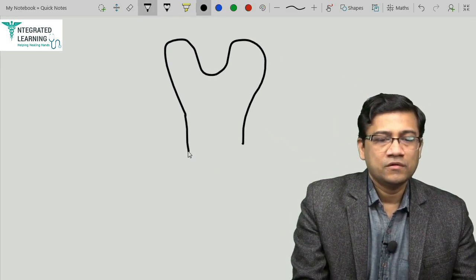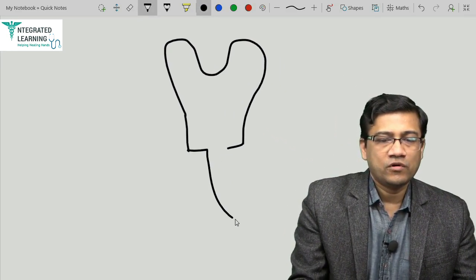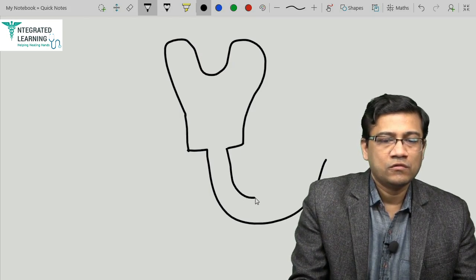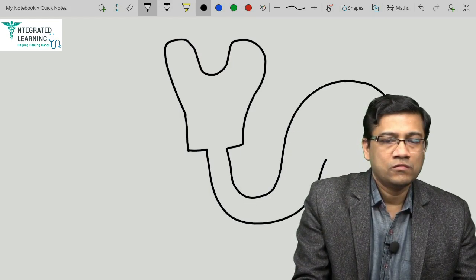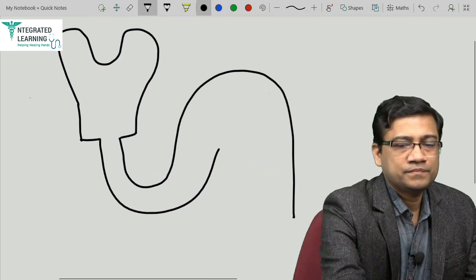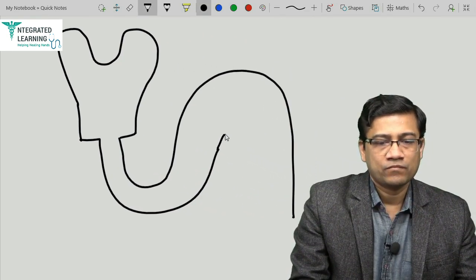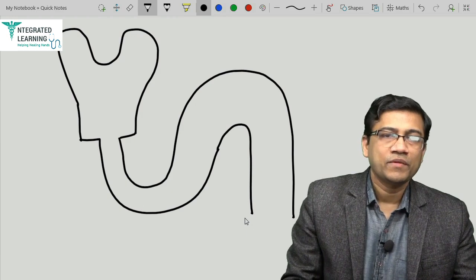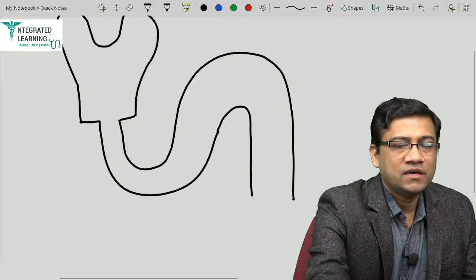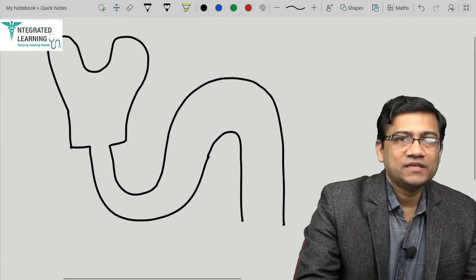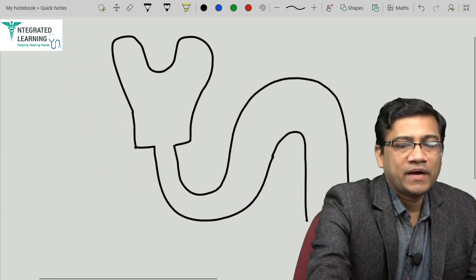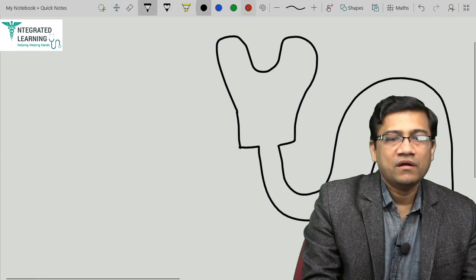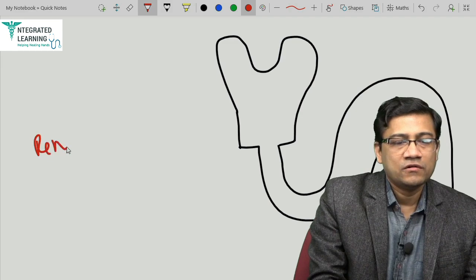This is the nephron. So again we will see the organization. First, in this nephron, the blood supply is coming from the renal artery. So let us say this is renal artery.